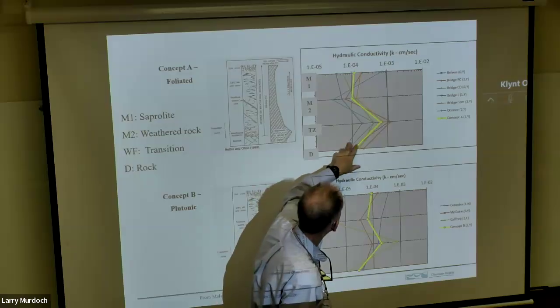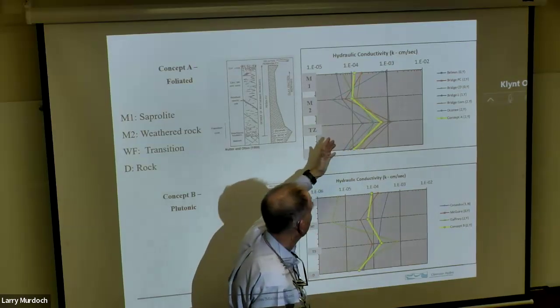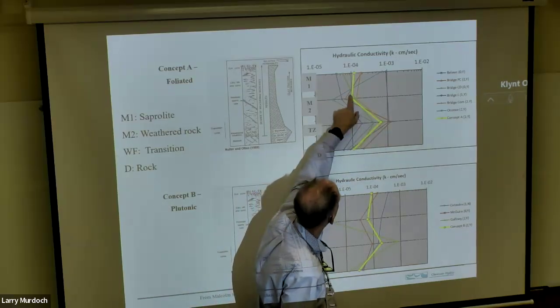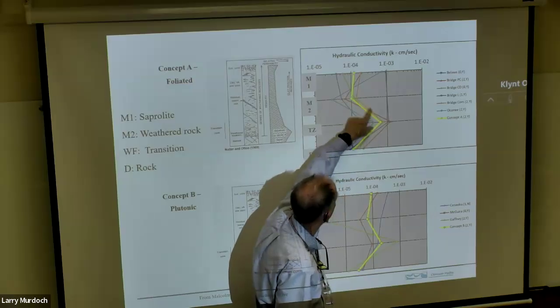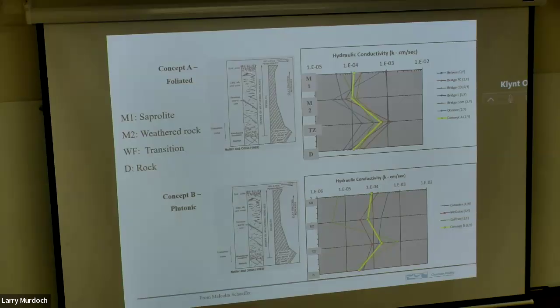There are some of these sites, though, these blue ones, where it's just kind of bouncing around. So I guess the yellow one is what I drew as the conceptual model. That's kind of what we're thinking, that the transition zone could be a bit higher conductivity, but maybe not necessarily.